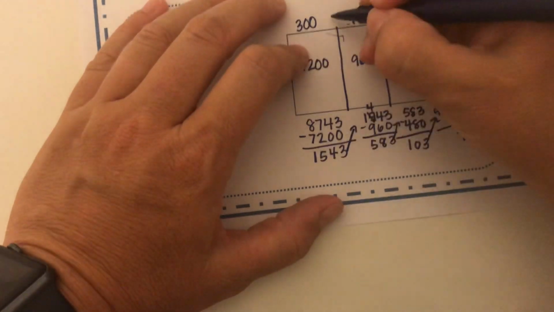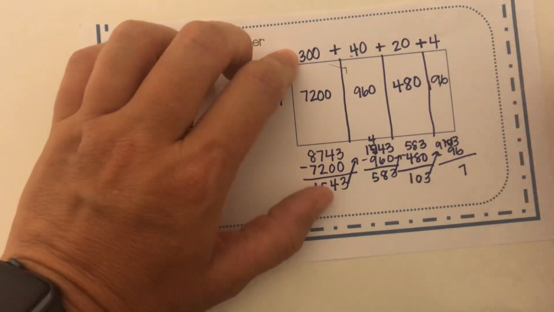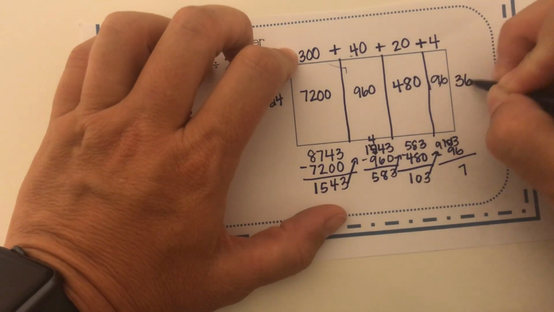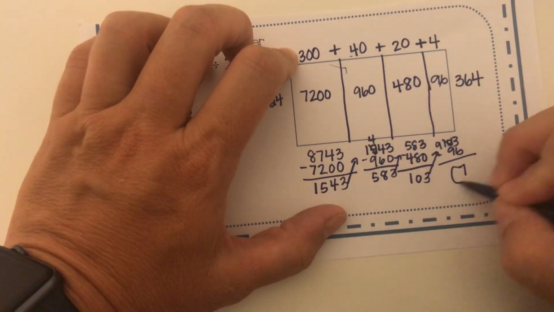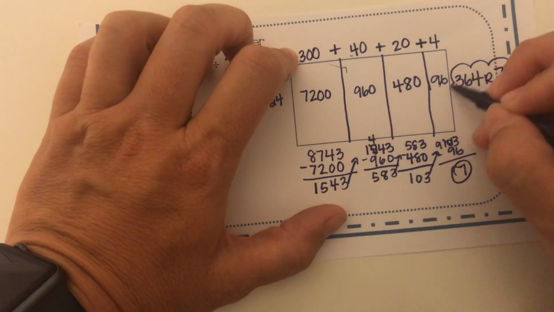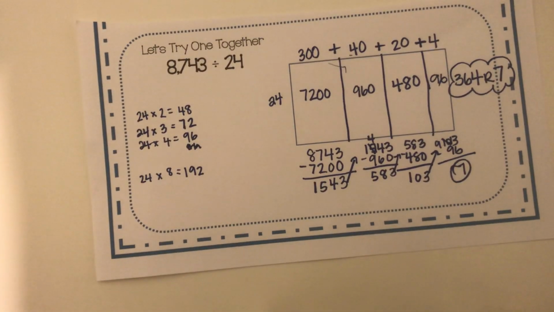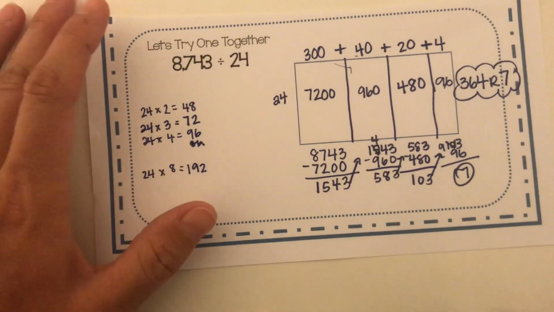And I'm left with 7. So if I add all of these partial quotients up, I can see that I have 364. And then I have this remainder of 7 left. So 8,743 divided by 24 is 364 with a remainder of 7.